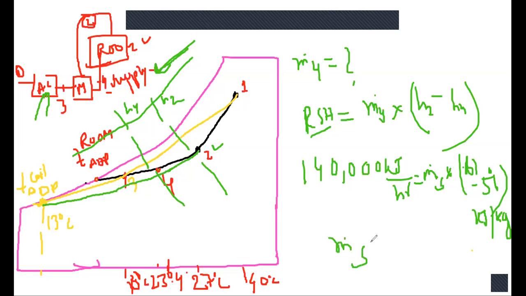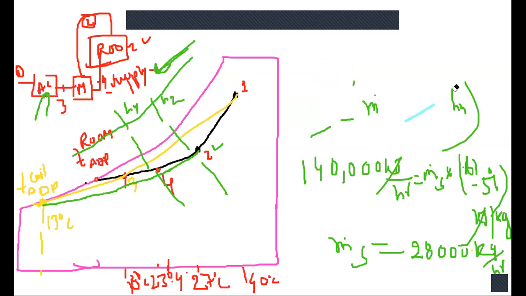So the kilojoule is cancelled out, and we calculated the mass flow rate as 28,000 kg per hour. This is our third answer.